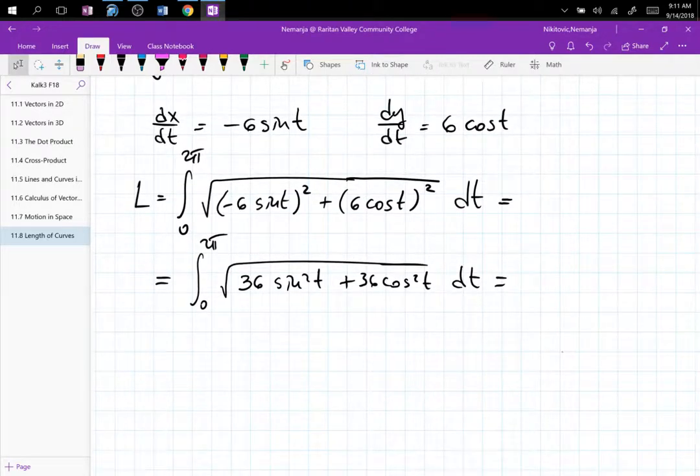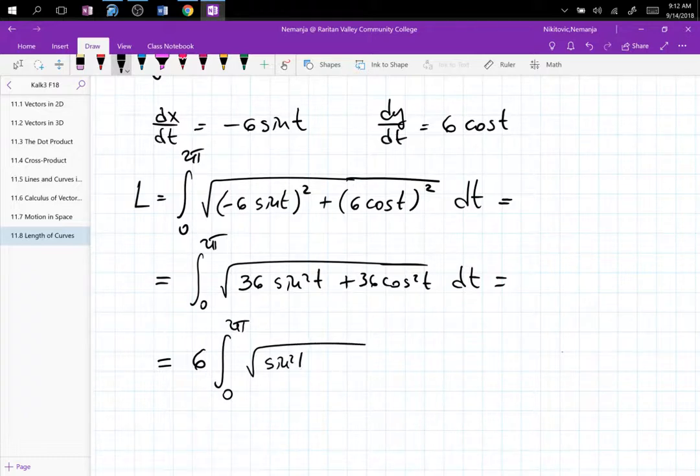We can factor 36, take the square root of it, and kick it in front of the integral. What does it become? 6, very good. 6 times the integral from 0 to 2 pi of the square root of sine squared t plus cosine squared t.